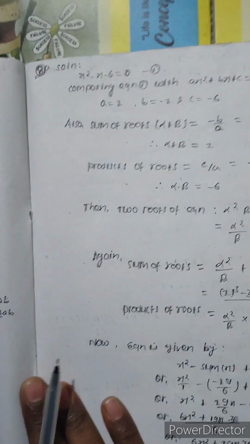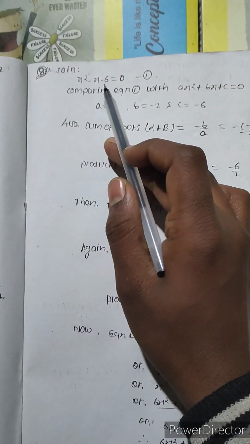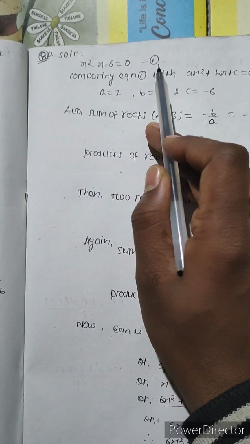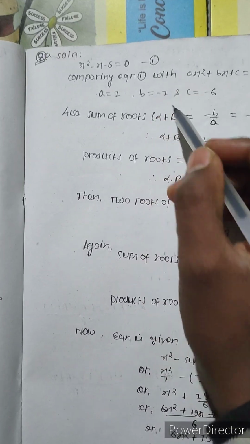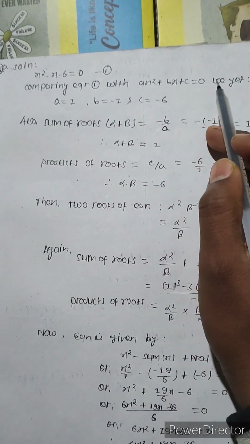Then see what we have to do. Here we have the equation x square minus x minus 6 equal to 0. Let this equation be first. Then compare equation first with ax square plus bx plus c equal to 0.